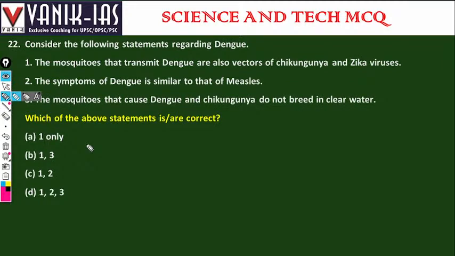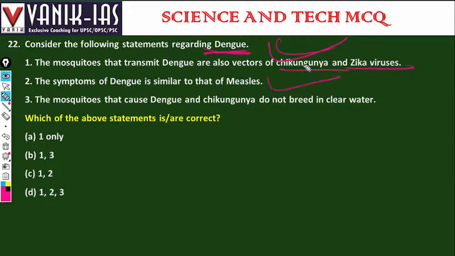Consider the following statements regarding dengue. The mosquitoes that transmit dengue are also vectors of chikungunya and Zika virus. So, first statement is right. The mosquito, Aedes aegypti, is the vector for dengue, chikungunya and Zika virus. The symptoms of dengue are similar to that of measles.